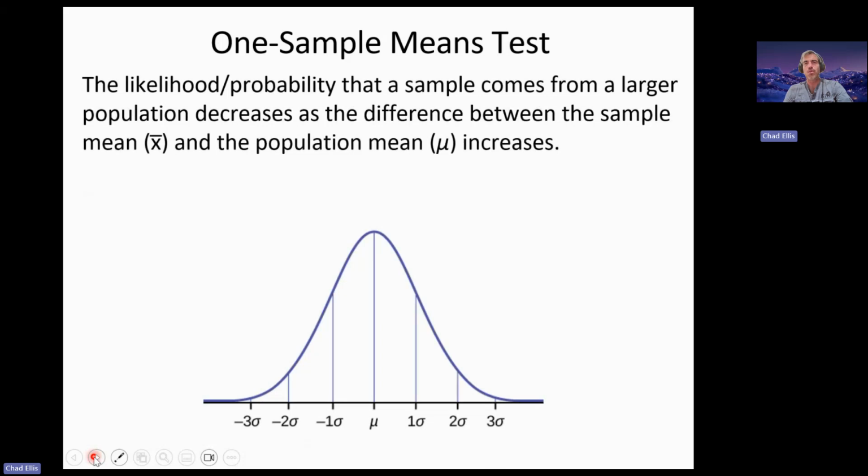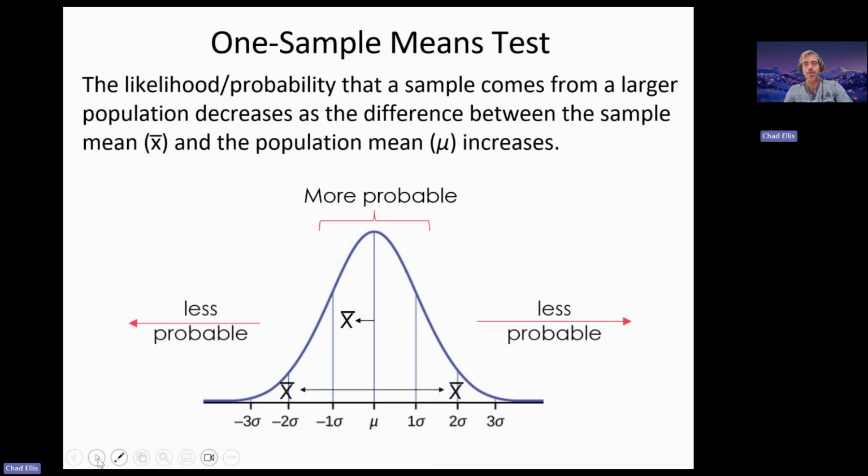So the idea behind the one sample means test is that as your sample, say your X bar, gets further and further away, or a more extreme value away, from your population mean, it becomes less and less likely that that X bar or your sample actually belongs to that population. Imagine you have an X bar value which is relatively close to your population mean. It's more probable that that sample belongs to that larger population.